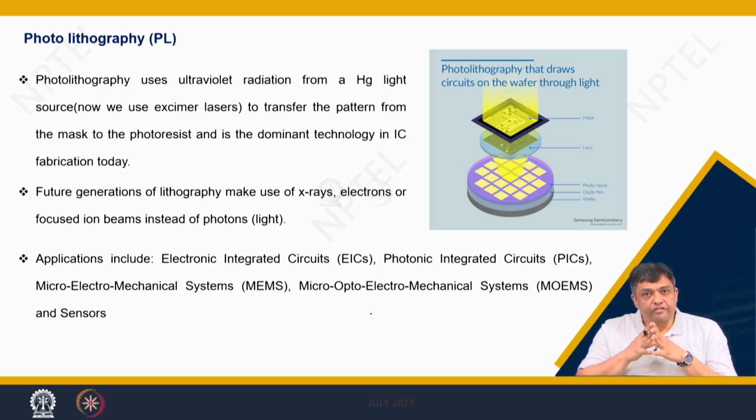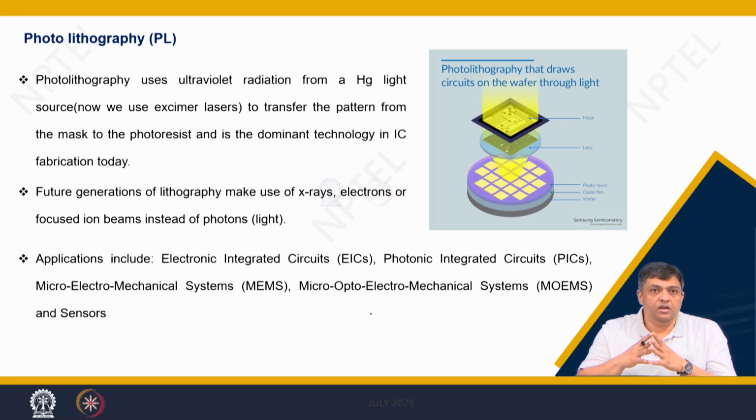So, in photolithography, what is the incident beam which we are going to use? We are basically going to use some kind of optical beam as the incident and then carry out the whole process.